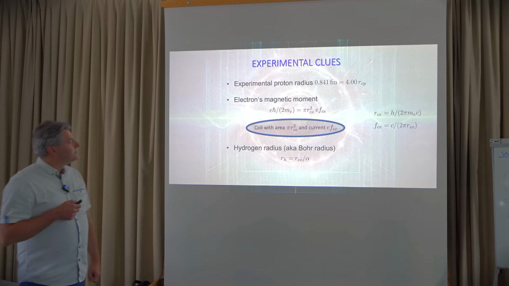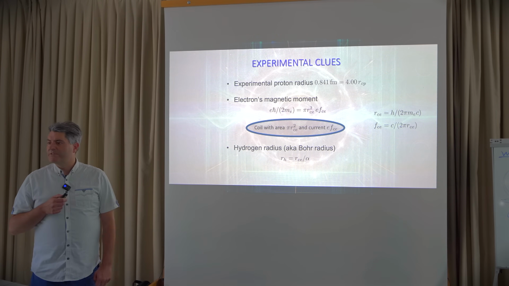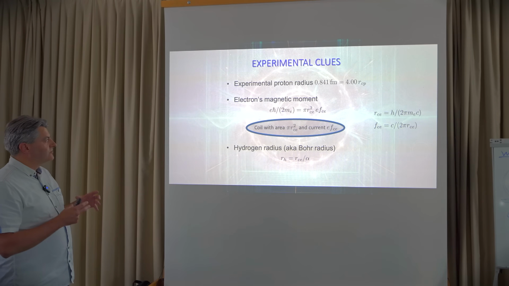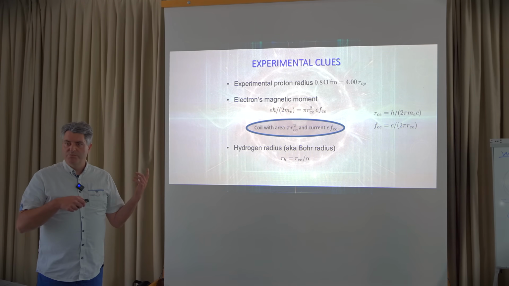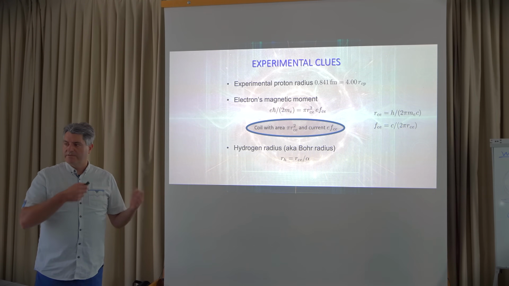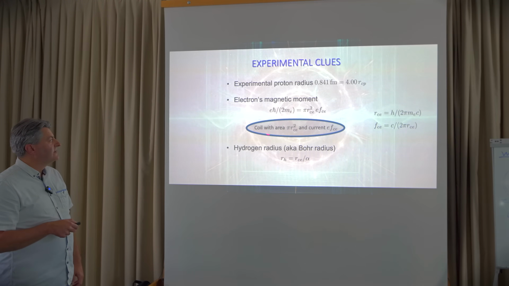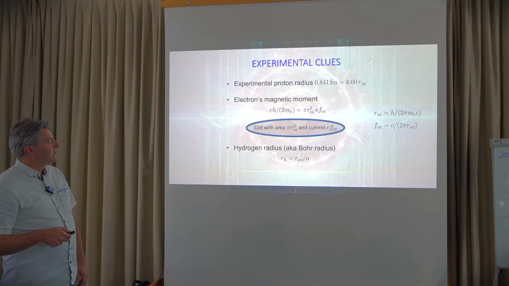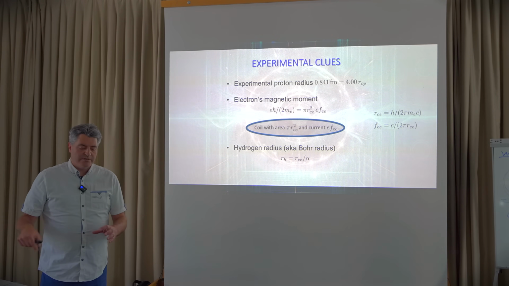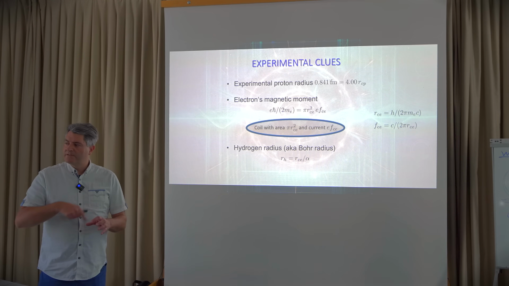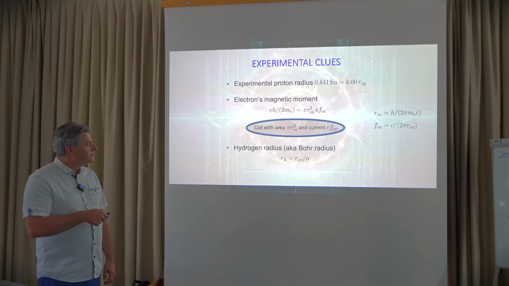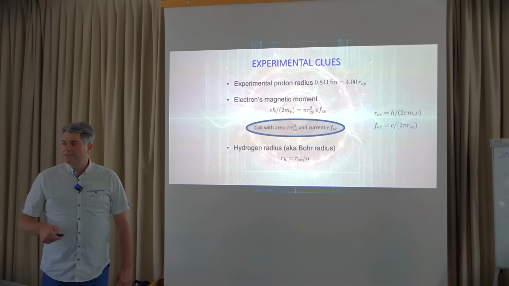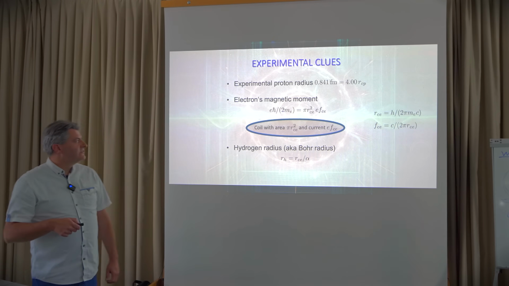Next, we can calculate the electron's magnetic moment in a classical way. We just have to have a coil which has the size that I presumed for the electron, the radius of spin-1/2 particles. You take the area and also the associated current, so you have the fundamental charge circulating around that circle, in the coil, with light speed, and you get this frequency.